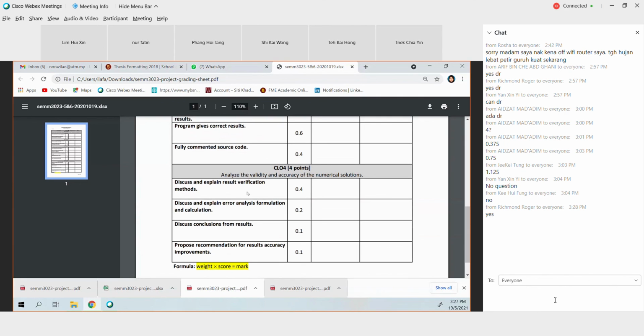Do not forget to put references when you complete the report. Please make sure that your references follow the UTM thesis format. Use it correctly. Put the name of the author correctly, and then the title of the book, title of the journal, and so on, properly.